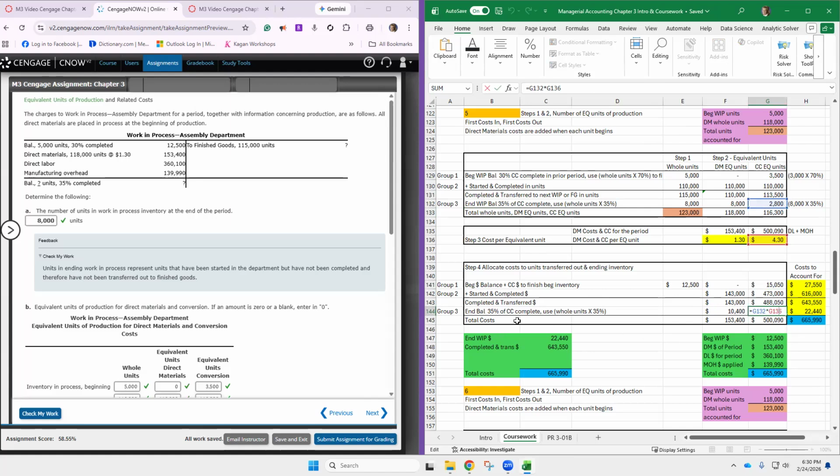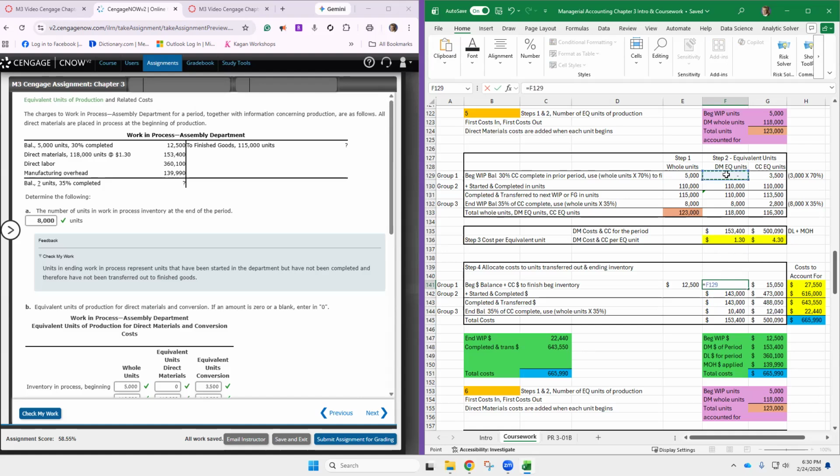So these numbers here, you take your equivalent, so this is group 3, right? 8,000 times 130. And that is going to produce here. Okay, so we're going to take equals, and we have to be careful. This is the beginning balance, so I don't want to mess something up.